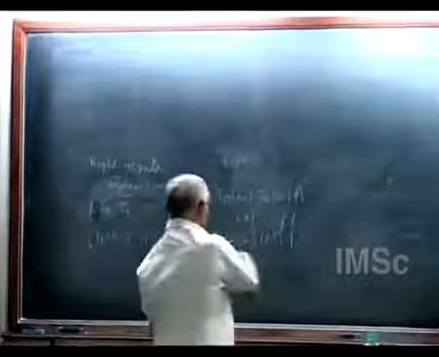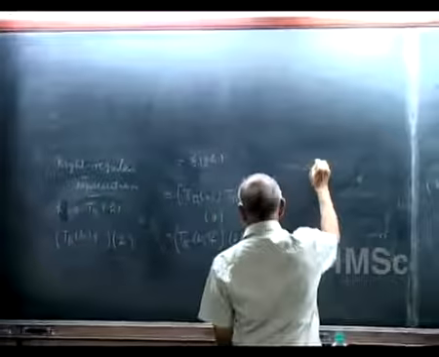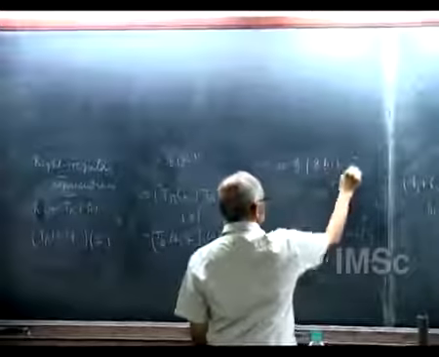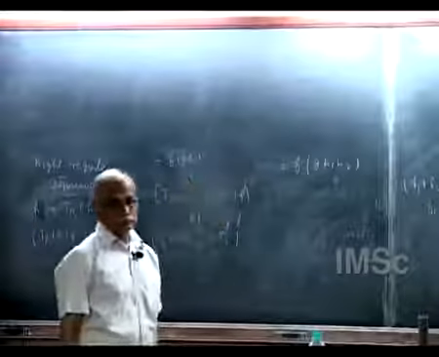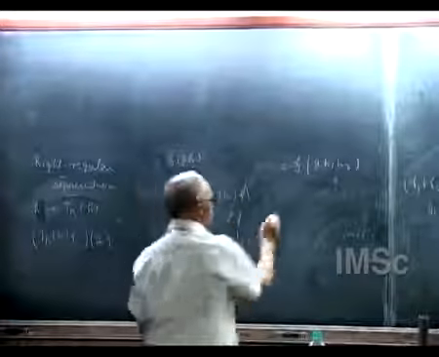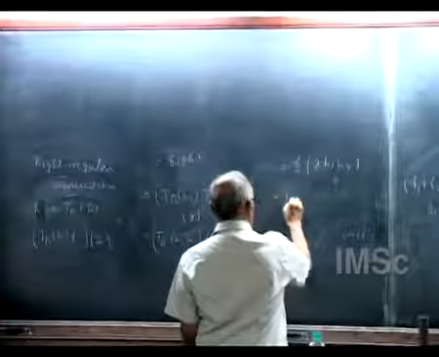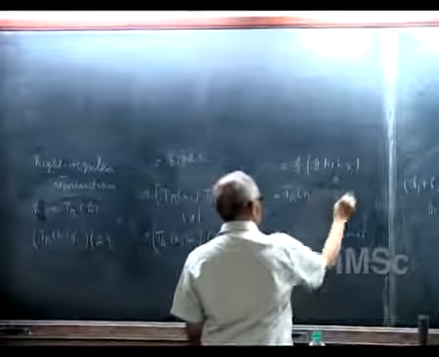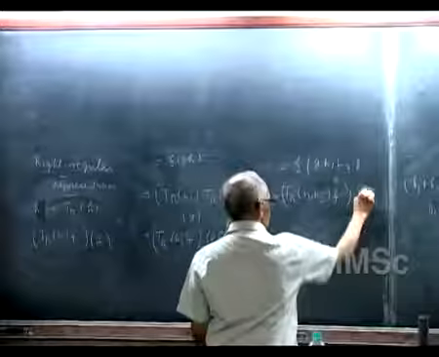Now I apply again, so it is f of G H1 H2. So this is TR of H1 H2 f at the point G, as we want.